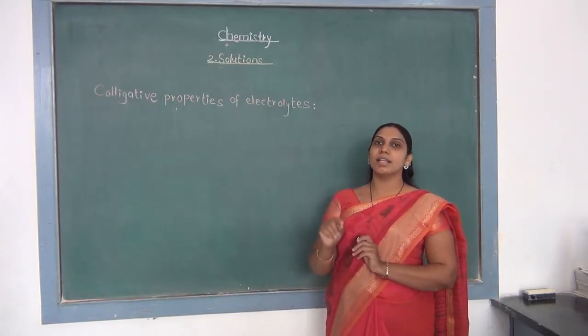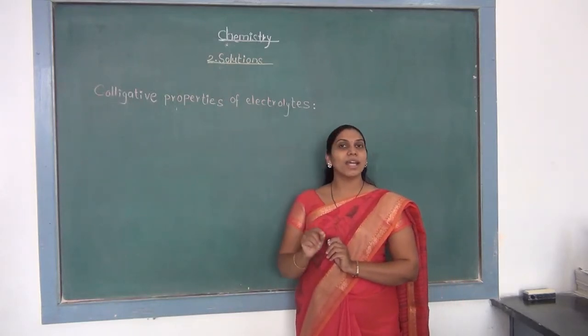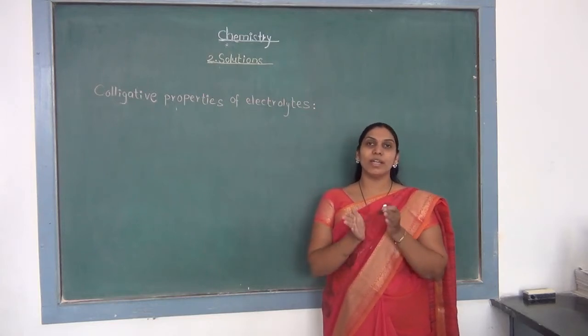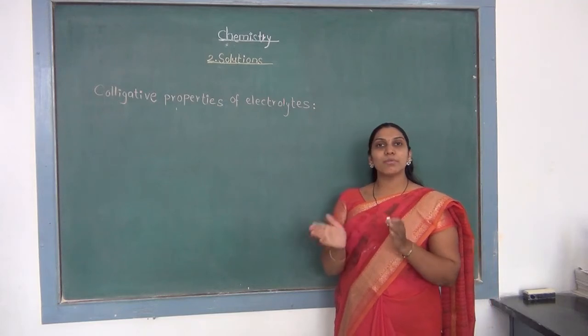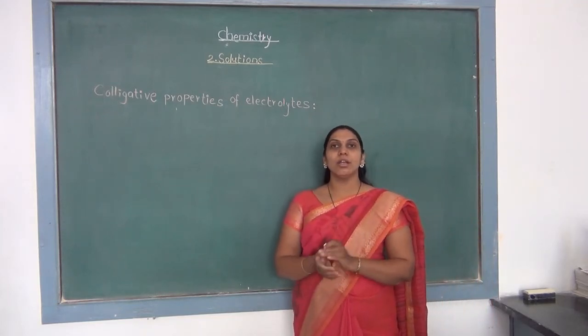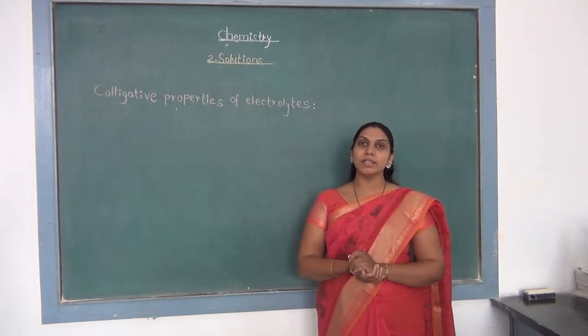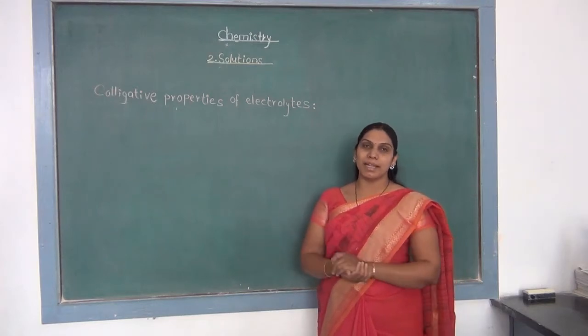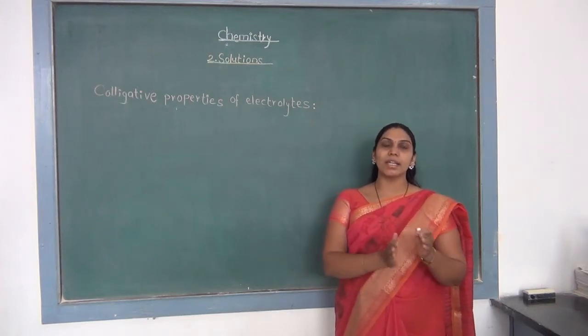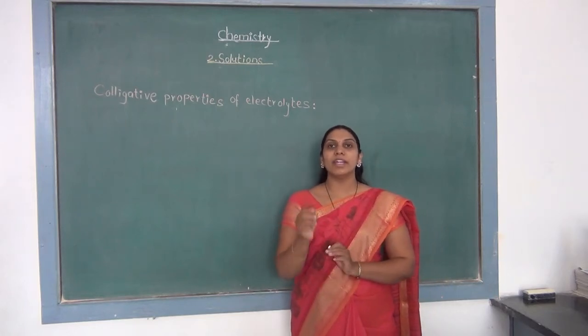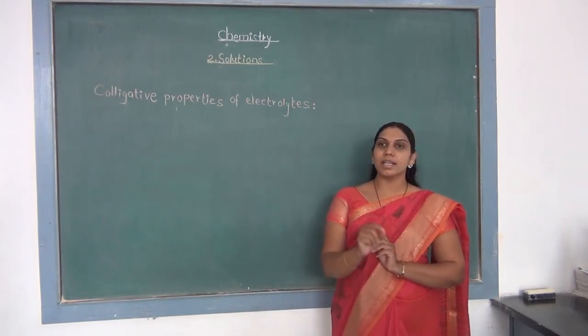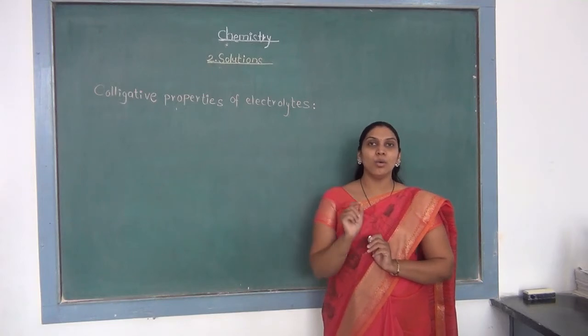When NaCl is dissolved in water, what happens? It forms two types of ions by dissociation. First is the Na+ ion and another is the Cl- ion. Sodium cation and chloride anion are formed when we dissolve NaCl, our common salt, in water.